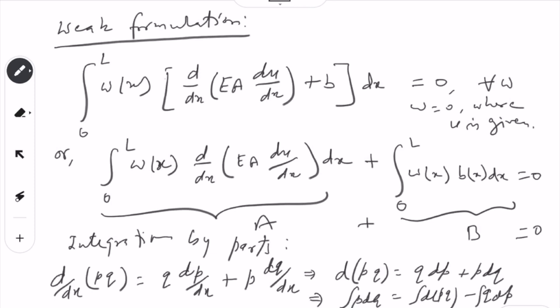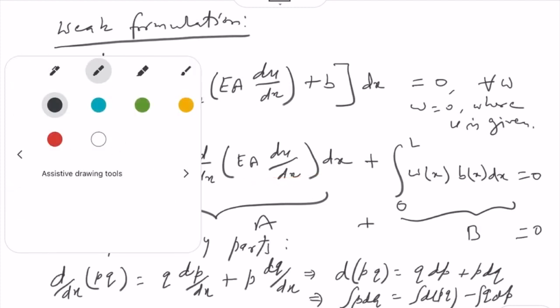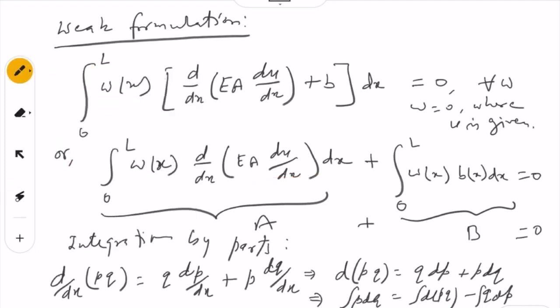This is how we can do it. We can assume this to be p and this to be q.